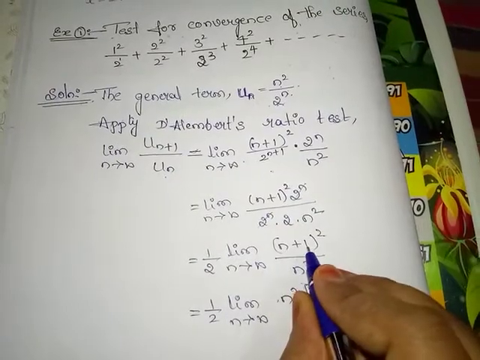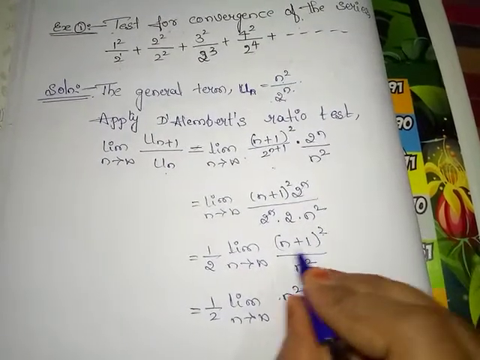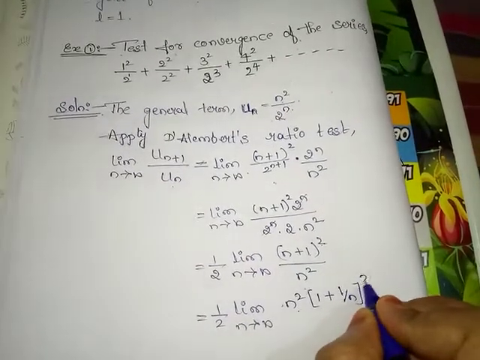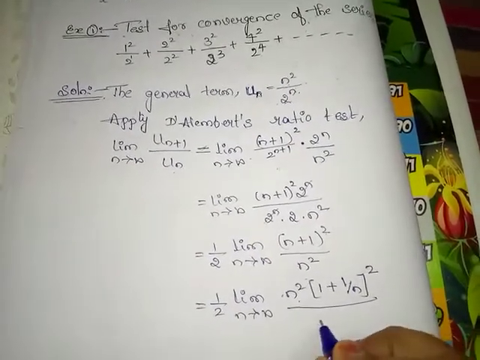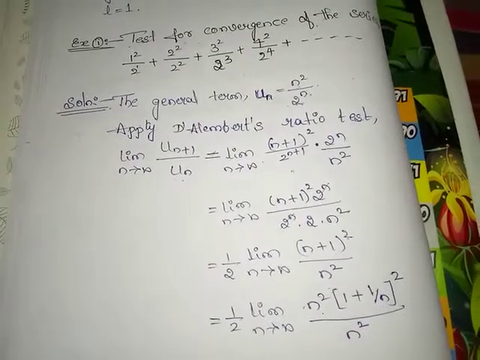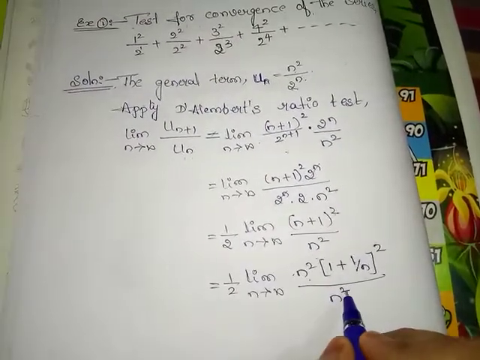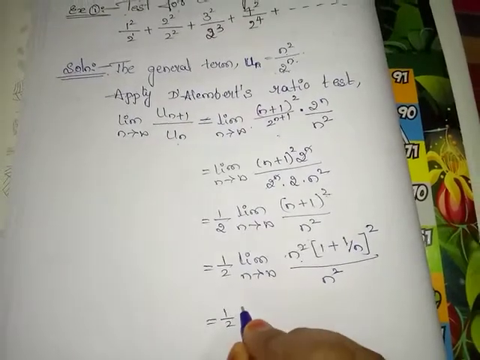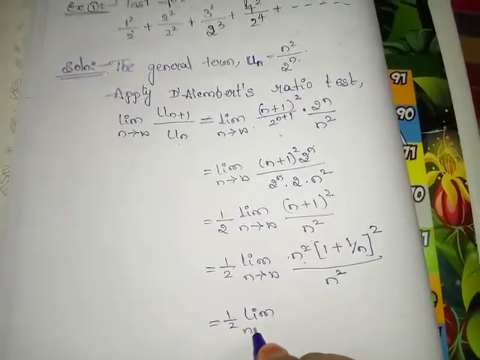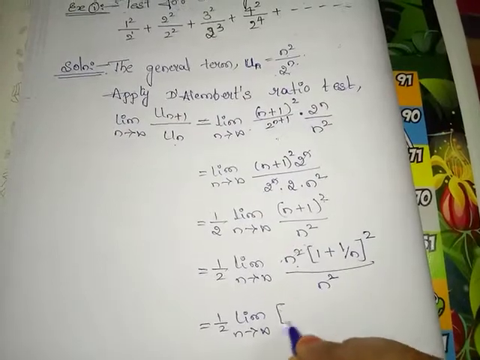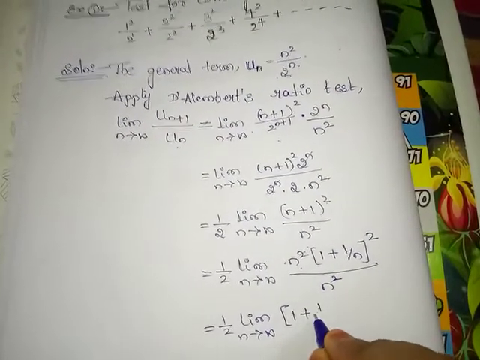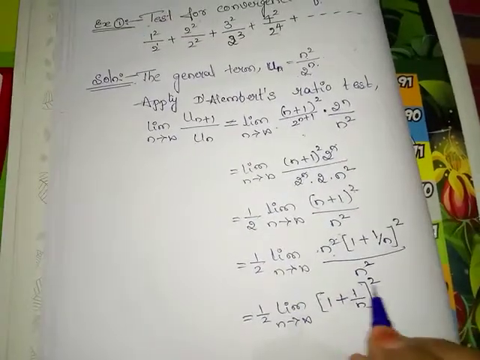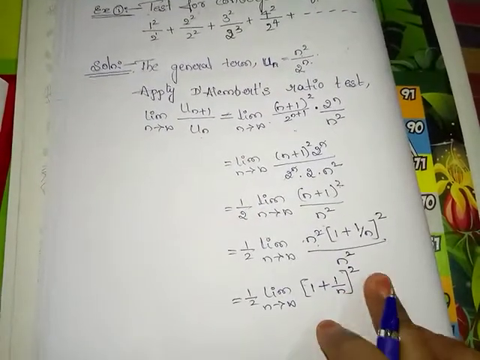In this term I am taking n common, since it is n square, so it will be n square common: (1 plus 1 by n) whole square divided by n square. This n square cancels with this one. We have 1 by 2 into limit n tends to infinity (1 plus 1 by n) whole square.